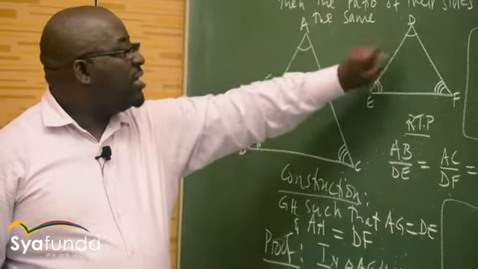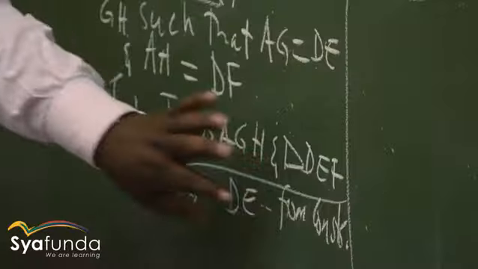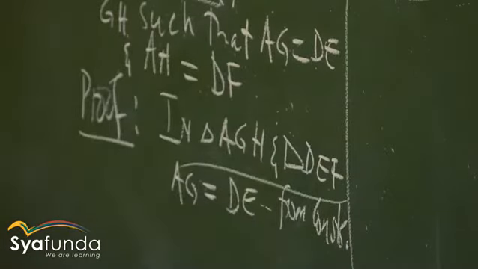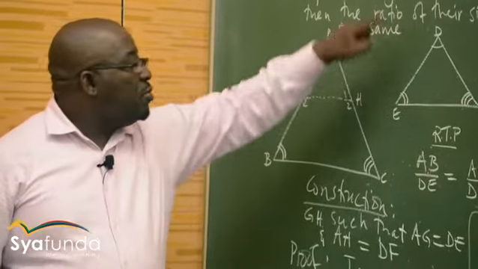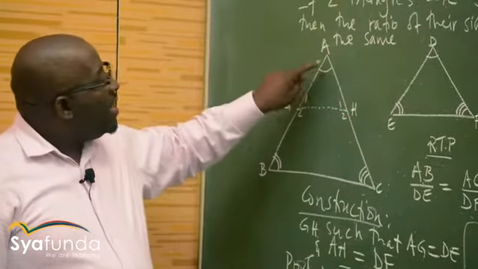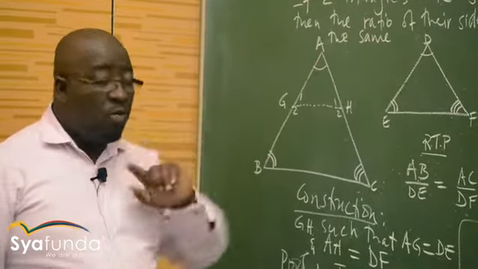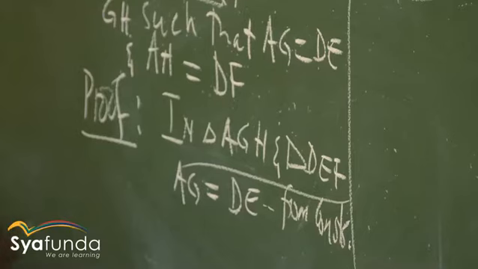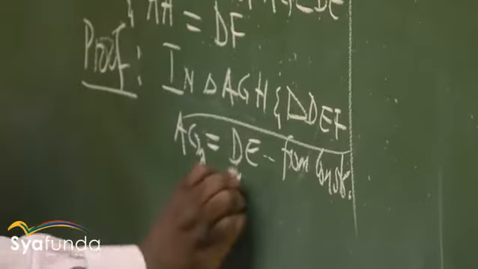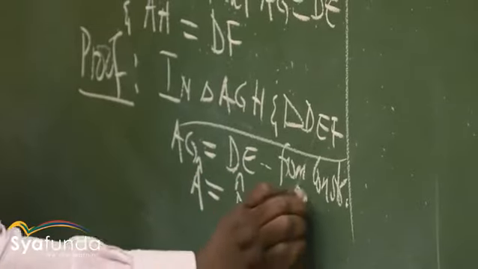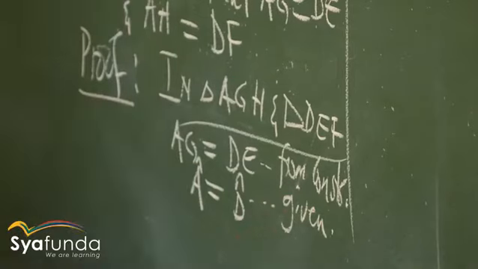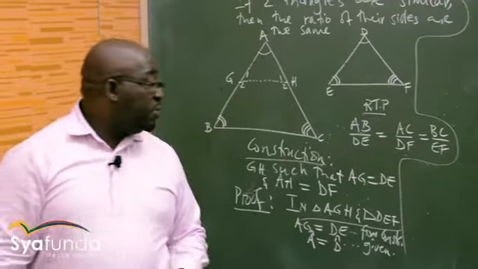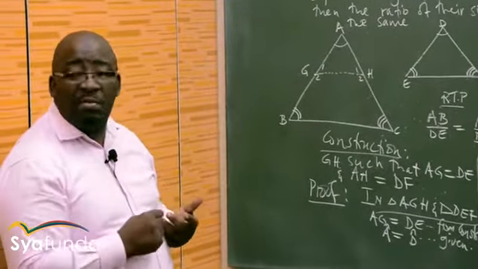In triangle AGH and DEF, angle A is equal to angle D. We are given that, by the fact that these two triangles are similar.